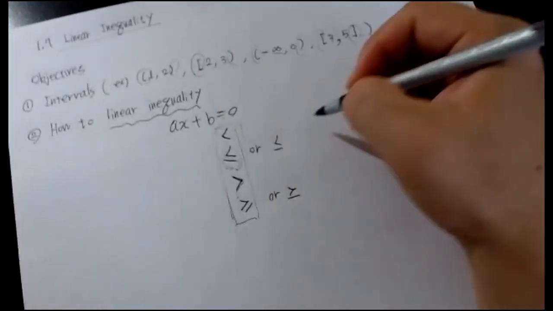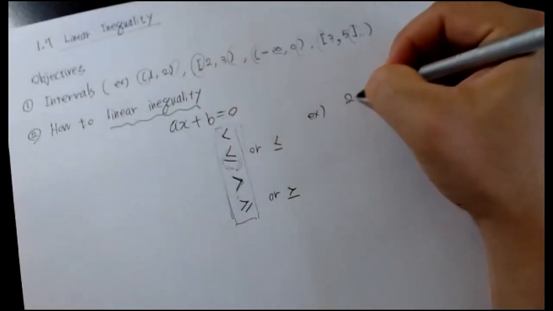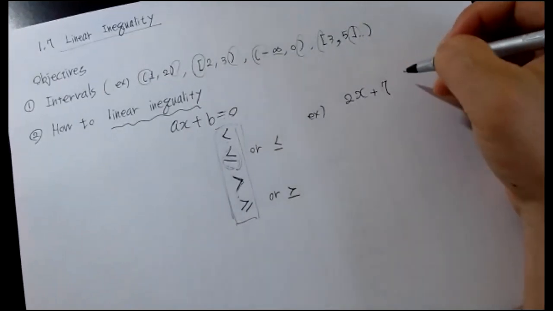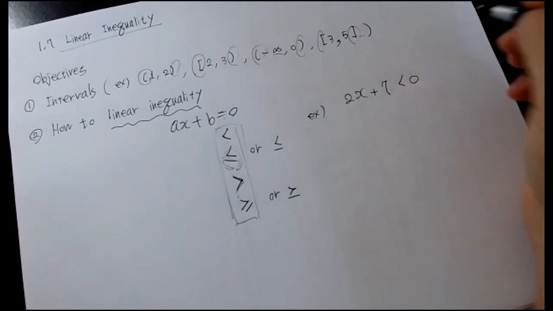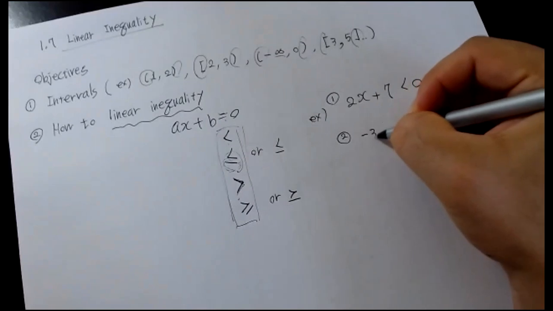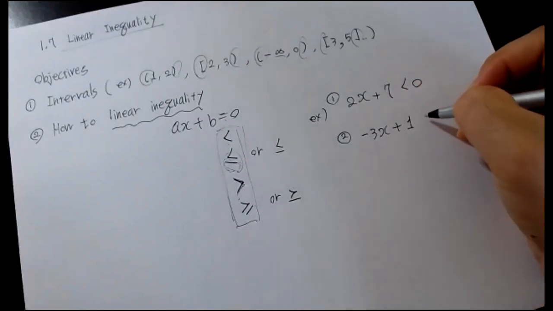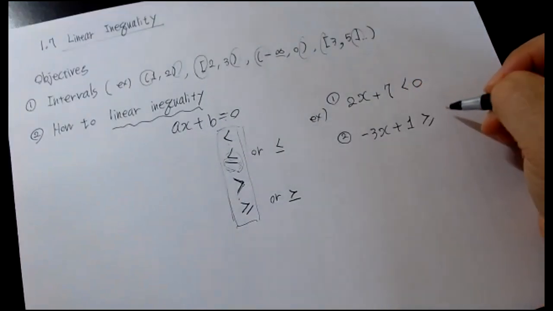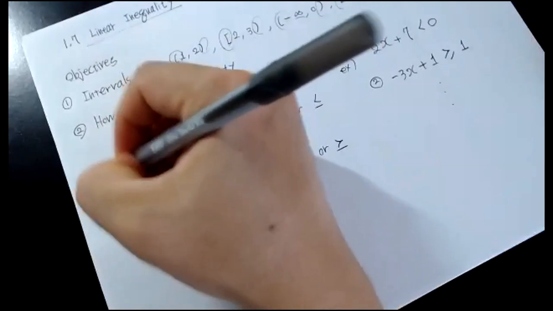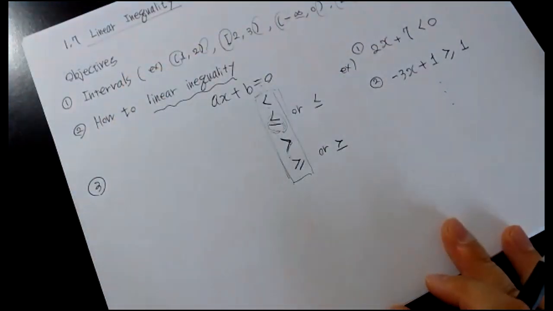Let's see an example like this: 2x plus 7 is less than 0. Or another example is negative 3x plus 1 is greater than or equal to 1.